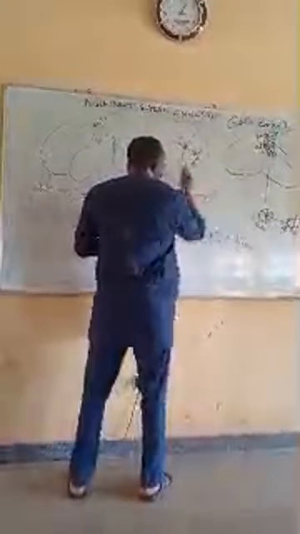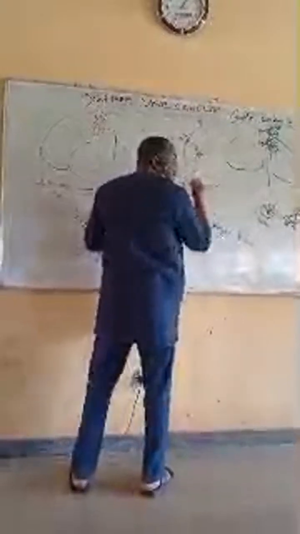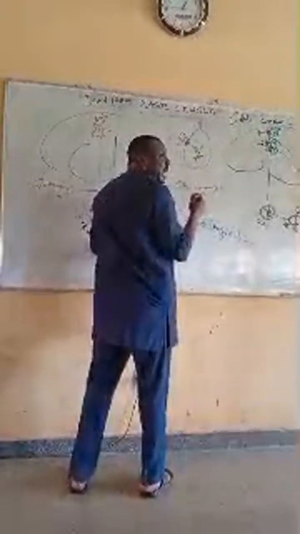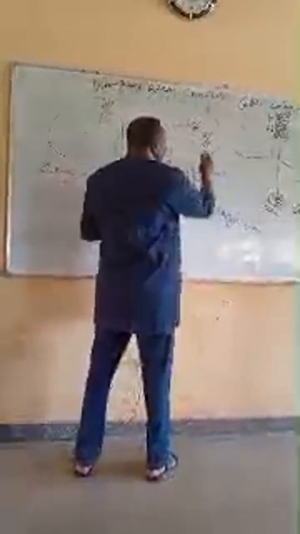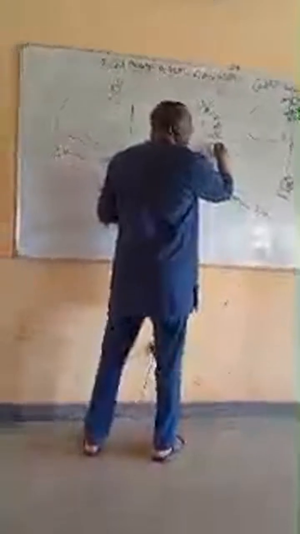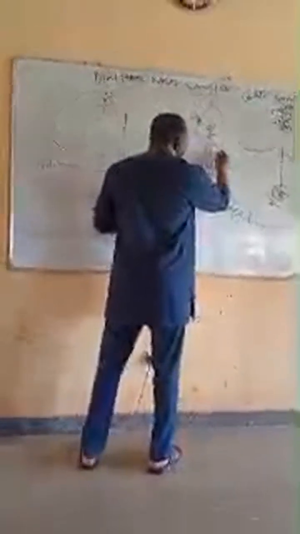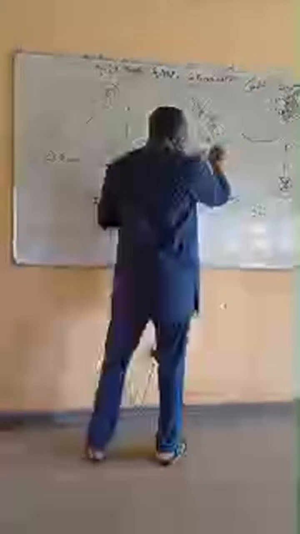When we have a threshold potential, there will now be a spike, which is known as what? Action potential. Now the action potential is actually known as what? EPSP. Excitatory postsynaptic potential. Are you there?